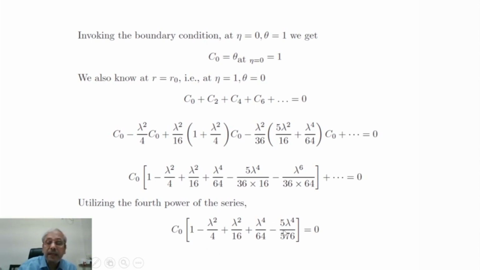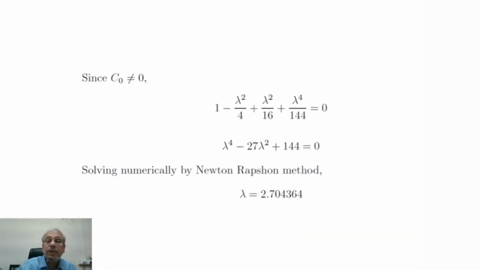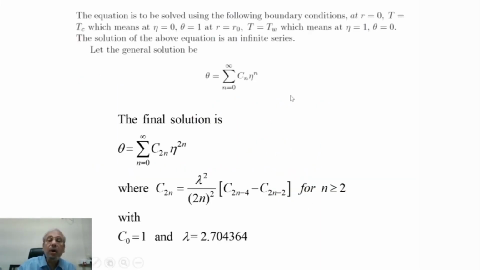So these bracketed terms we can equate to 0, and by the Newton-Raphson method, if we solve, we will get lambda as 2.704364. So we have now solved this equation with the boundary conditions.